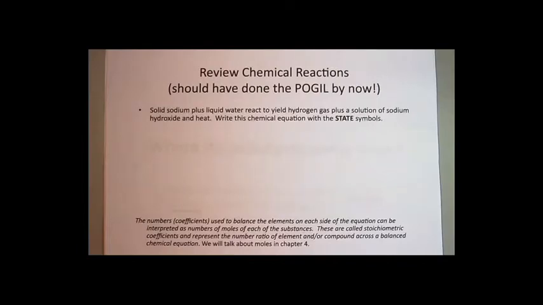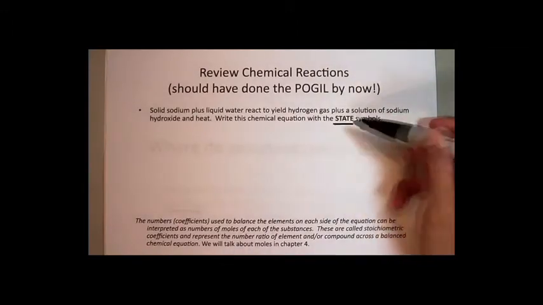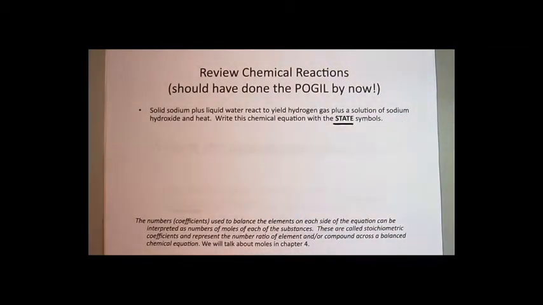Okay, now state symbols I've not brought up to you before, but remember, matter can exist as a solid, liquid, or gas. When we say that, that's the state of the matter. So a state symbol, sometimes it's important to know exactly what state your reactants or products are in. And so sometimes we'll use symbols.